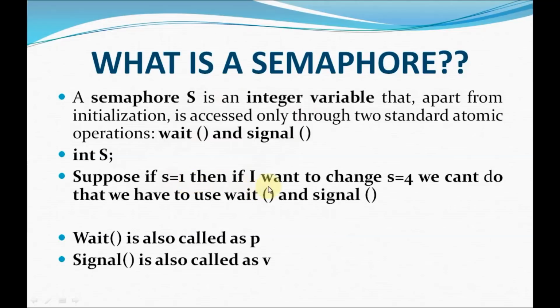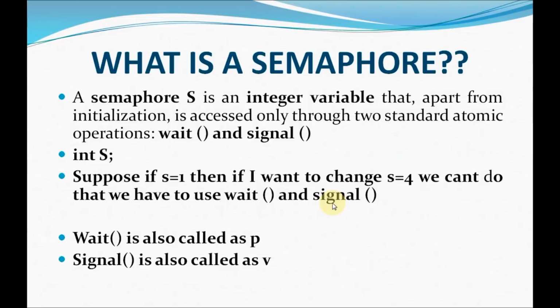If you want to change the s value to 4, you can't directly change this. What we have to do is use wait and signal instructions. I will show how we are going to use wait and signal to change the contents of the Semaphore. So a Semaphore is just an integer variable.